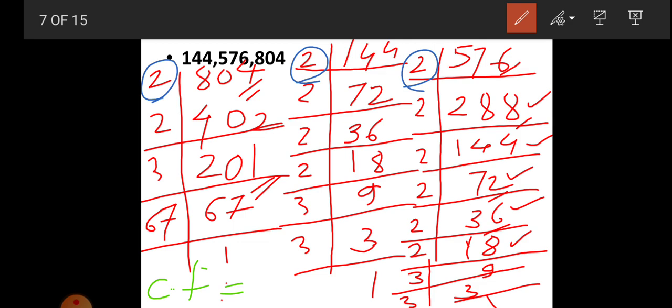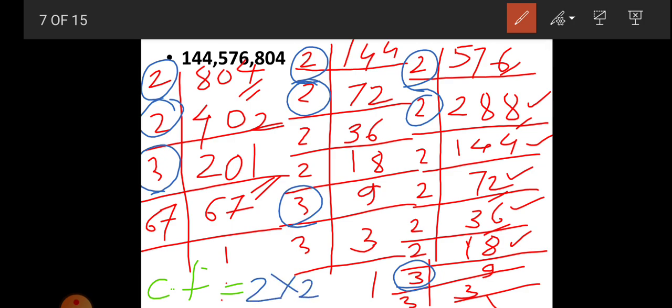In all 3 numbers, see, 2, 2, 2 means the same numbers, so it is a common factor. Again 2, 2, 2, yes, common factors. You take out the common factors of all 3 numbers, and then 3, 3 and 3. These are the common factors: 2 into 2 into 3.